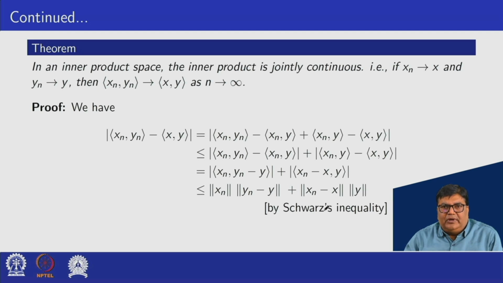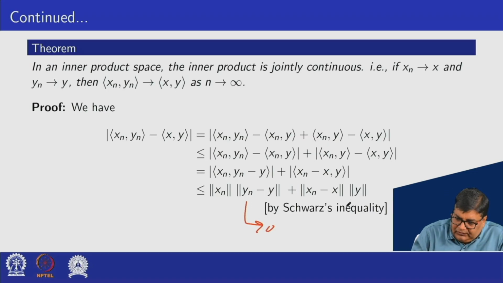So by Schwarz inequality, this is less than or equal to norm of x_n into norm of y_n minus y, plus norm of x_n minus x into norm of y. In the statement, x_n converges to x and y_n converges to y, that is norm of y_n minus y tends to 0, and norm of x_n minus x also tends to 0, so the total tends to 0.